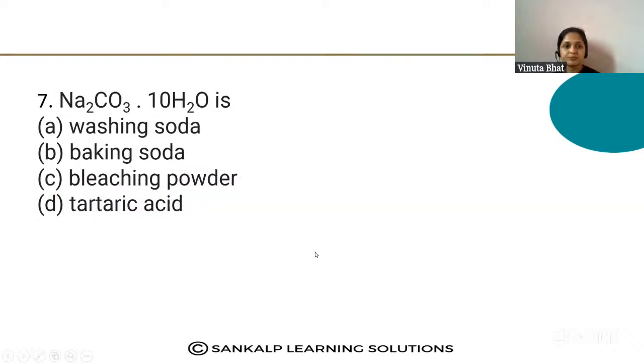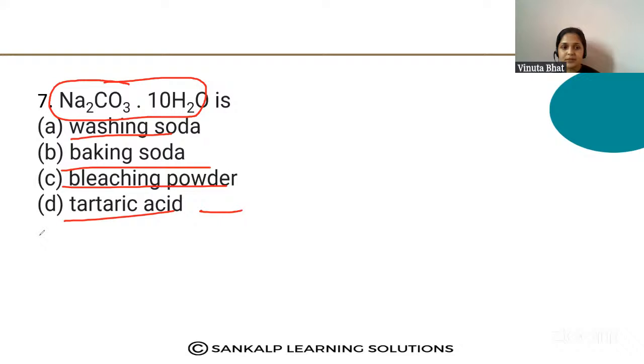Next question. Na2CO3·10H2O is washing soda, baking soda, bleaching powder, or tartaric acid? Tartaric acid is present in tamarind, and it is an acid, so it is not this.